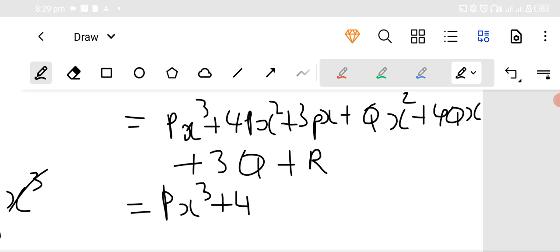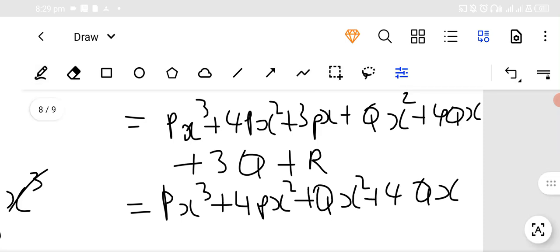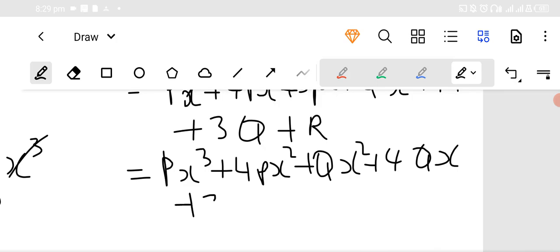Then plus 4px squared plus qx squared, plus 4qx, and then you have your 3px plus 3q plus r.